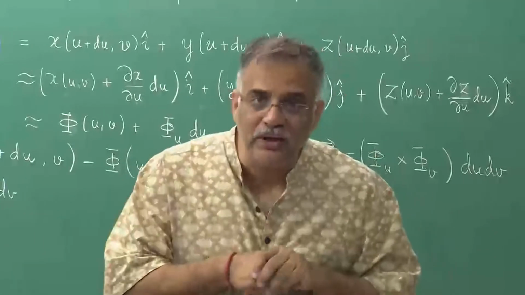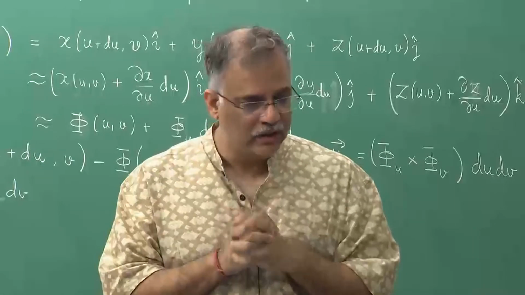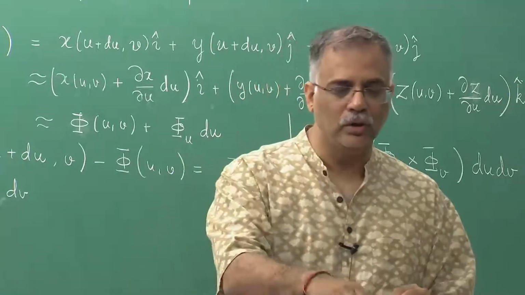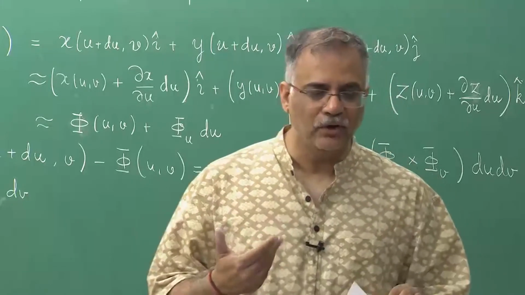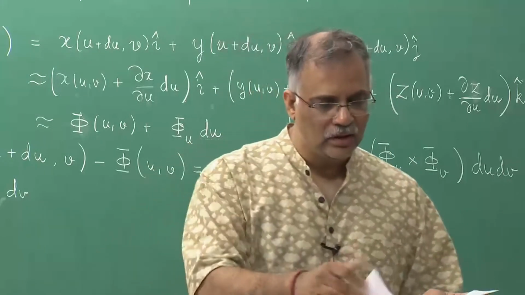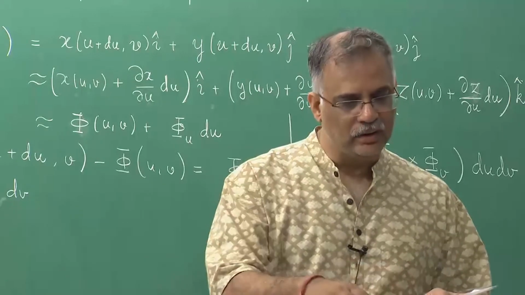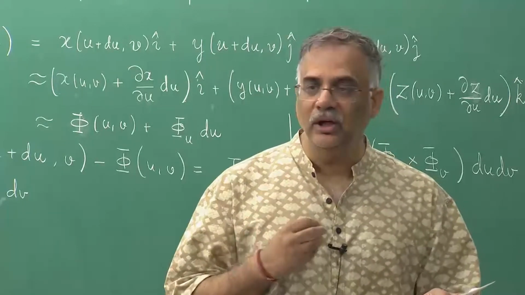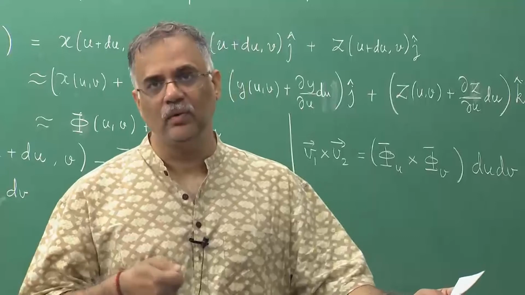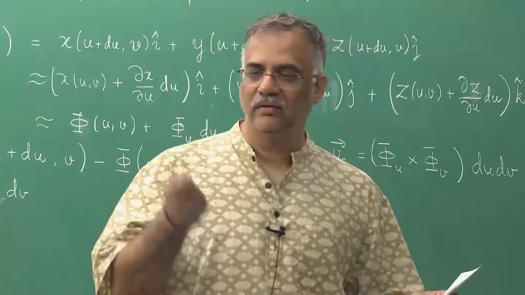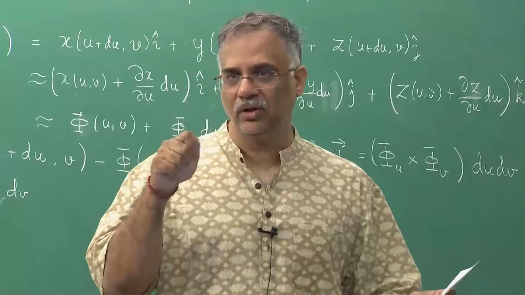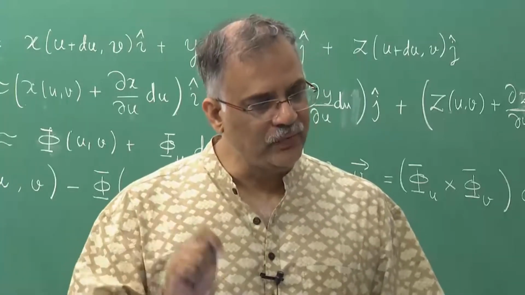With this I end this talk here, and in the next class we are going to talk about how to integrate a scalar function over a surface, and then we will give a formal definition of a surface integral, where we integrate a vector function over a surface. Instead of the line integral f dot ds, we will have a surface integral.